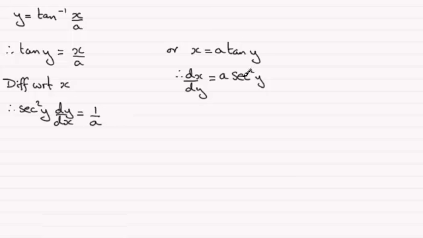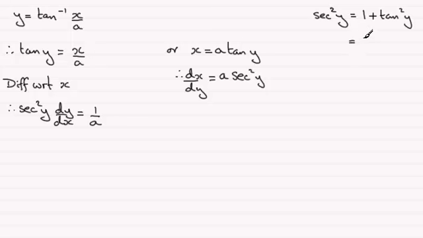Now both of these versions have sec squared y in them, and we need to express that in terms of x. To do that, we turn to an identity that you should be familiar with, and that is that sec squared of an angle, let's say y, is equal to 1 plus tan squared of that same angle, y. And we know that tan of y is equal to x divided by a.